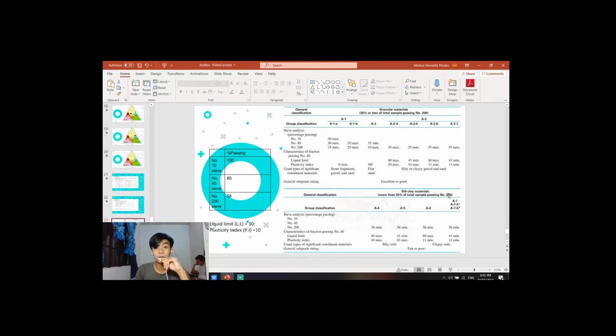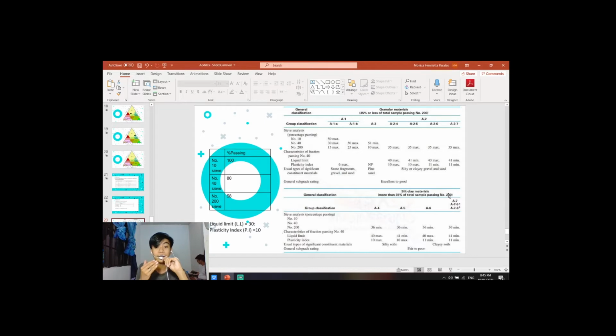So, 35, more than or less than? Di ba more than? 58 is more than 35%. So, tanggal na to guys, itong sa taas, yung mga granular material. So, alam na natin yung ating general classification, which is nandito, sa more than 35% of total sample passing number 200 sieve.